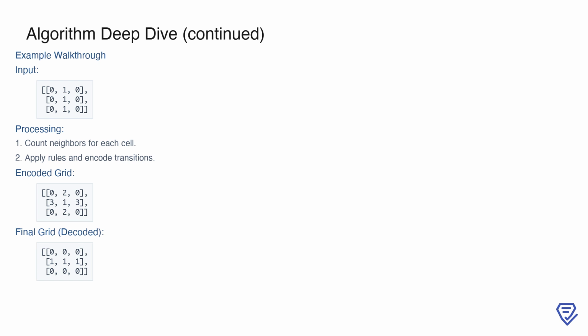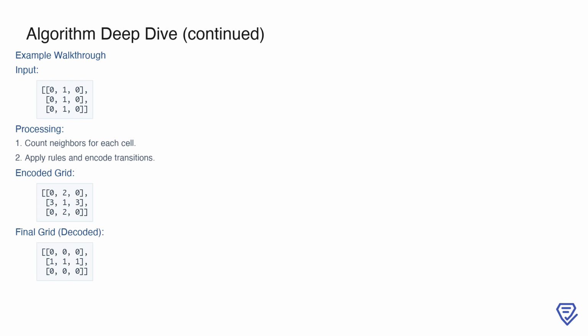Let's walk through an example to see the algorithm in action. Consider a grid with 3 rows and 3 columns, where the initial state is as follows: the middle column contains live cells, and the rest are dead. First, we calculate the live neighbors for each cell. Using this information, we apply the rules and encode the state transitions.